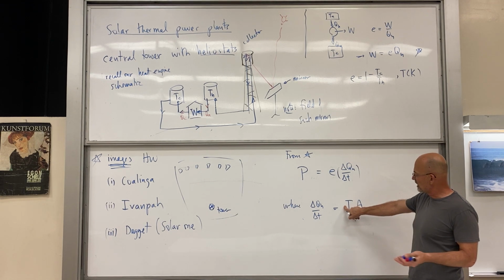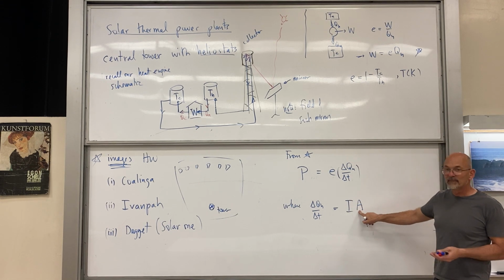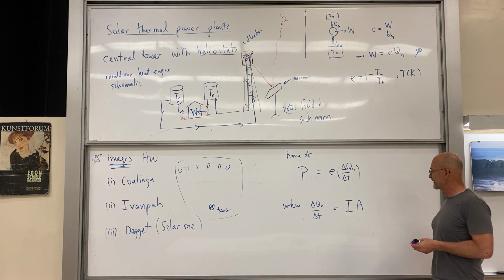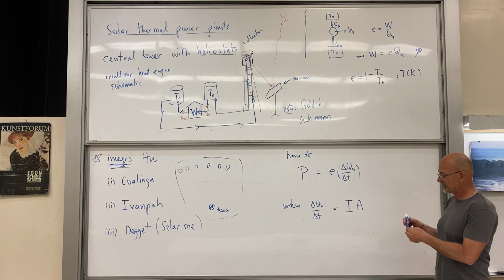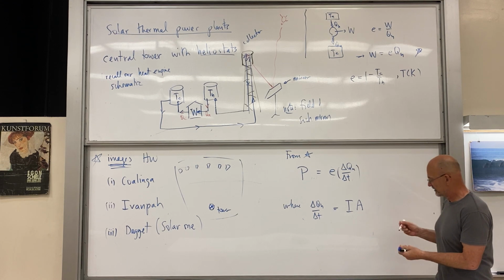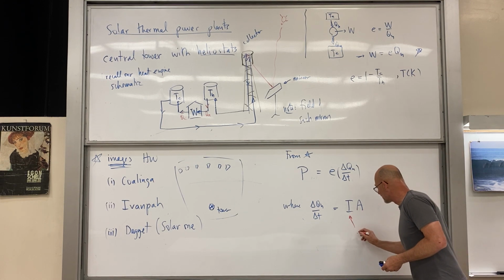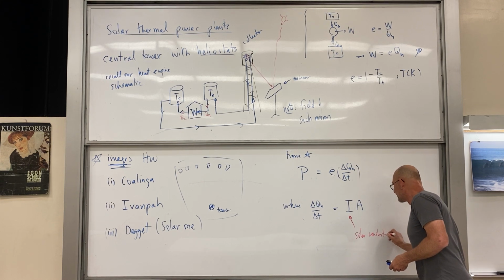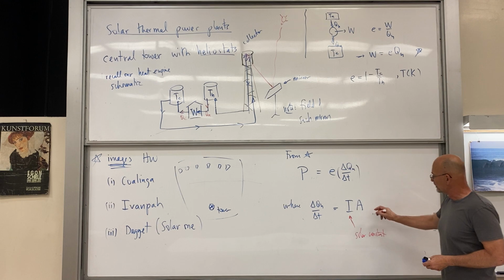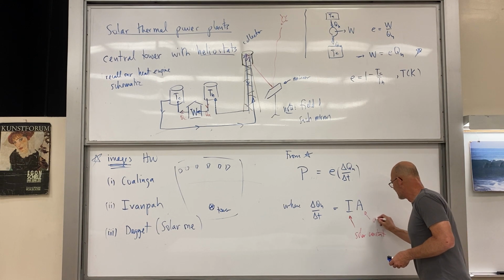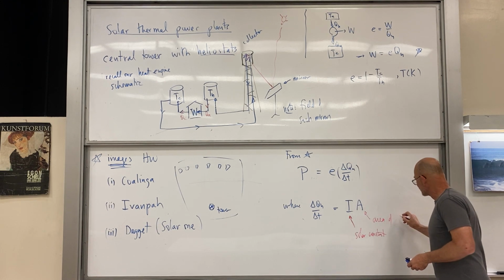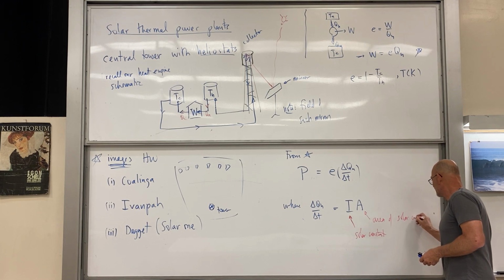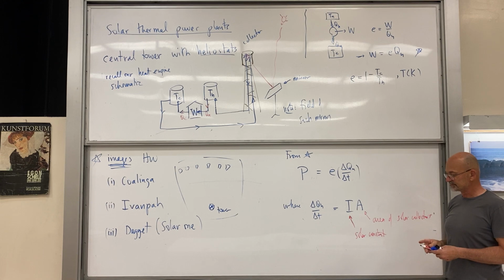So that we'll just call 1,000 watts per meter squared. How many square meters do we have? So this would be the solar constant, and this would be area: area of solar collectors, which in the case of these things is the mirrors.